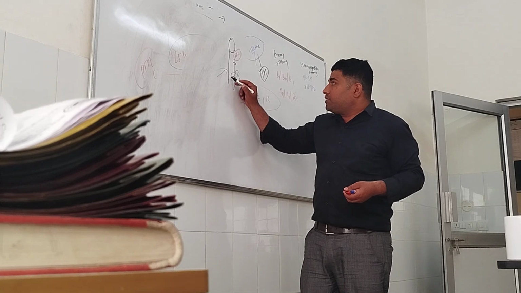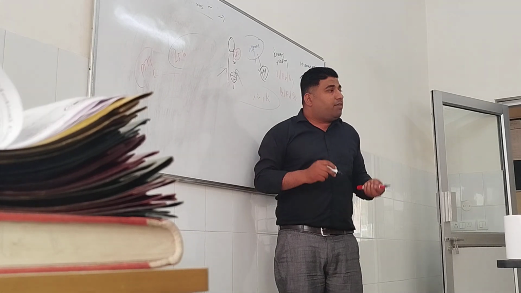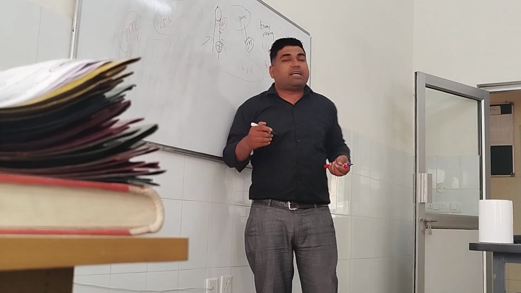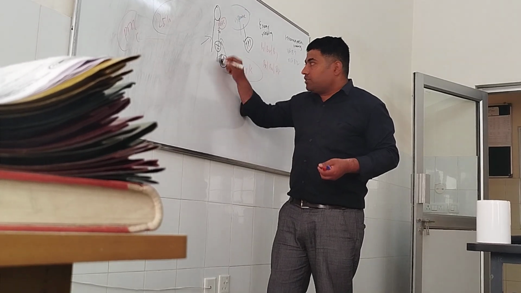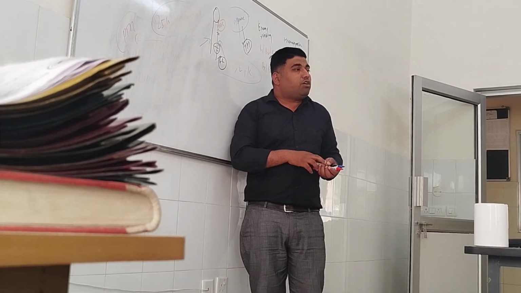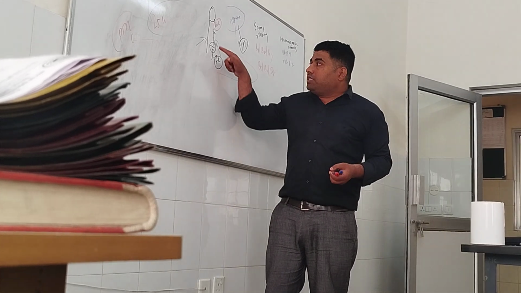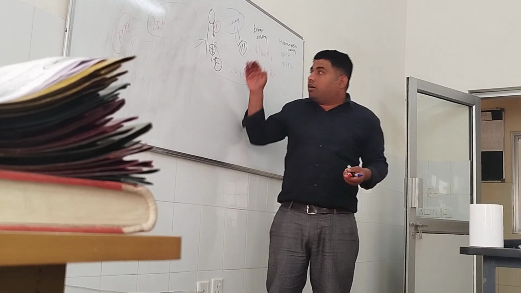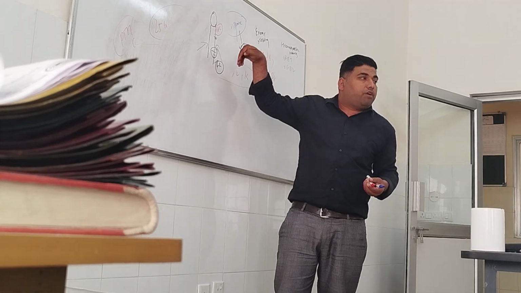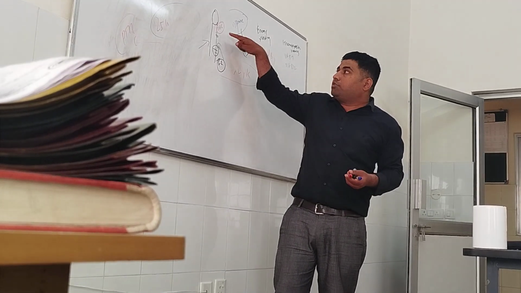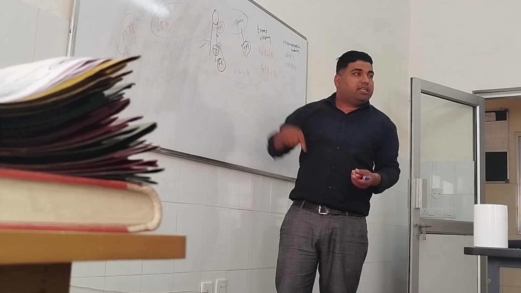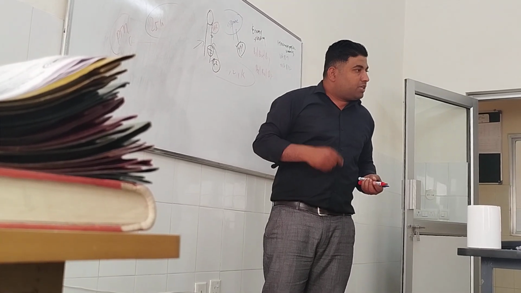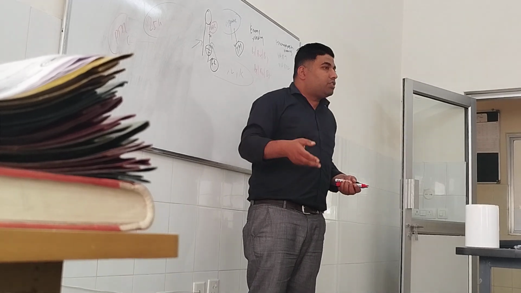Because this double bond of the unsaturated fatty acid chain is more vulnerable to attack by free radicals. To prevent the oxidation of this double bond, vitamin E takes part in neutralization of those free radicals. That's why vitamin E prevents the unsaturated lipid from lipid peroxidation. So it is a strong antioxidant.